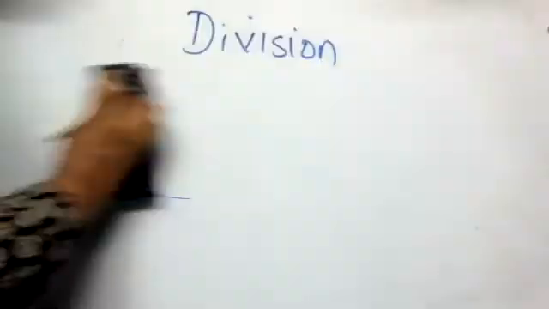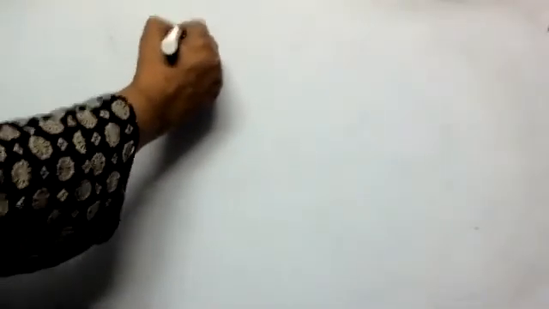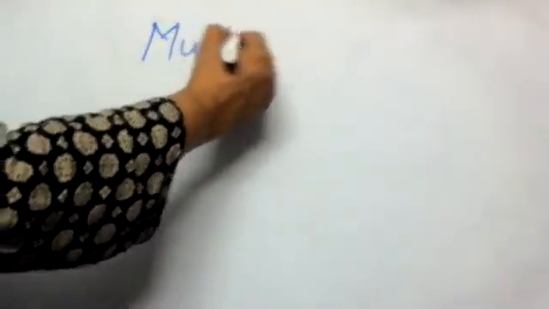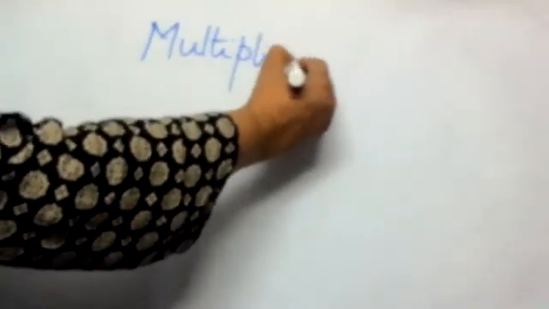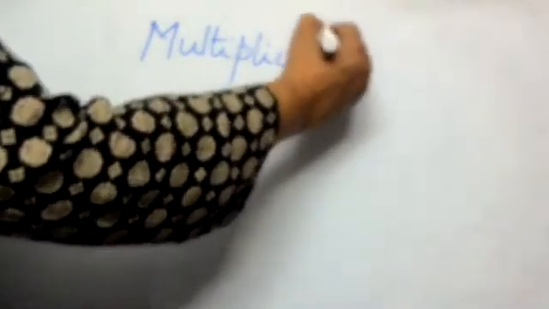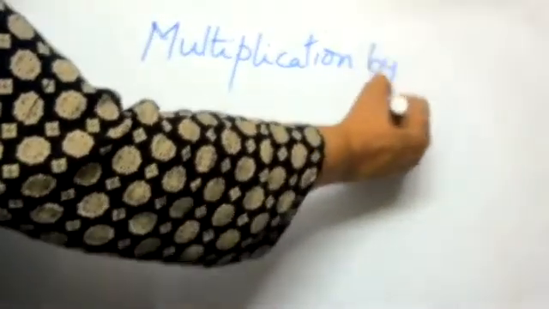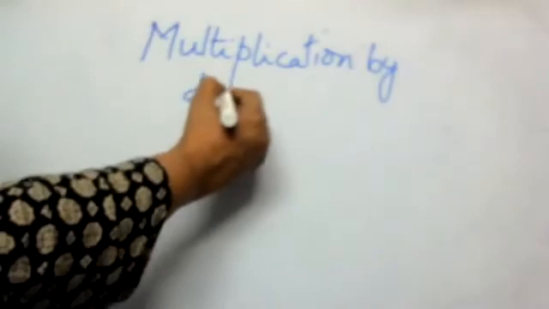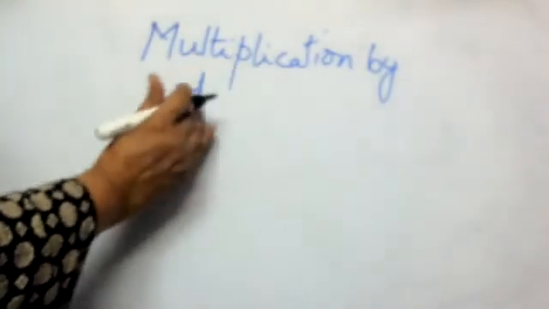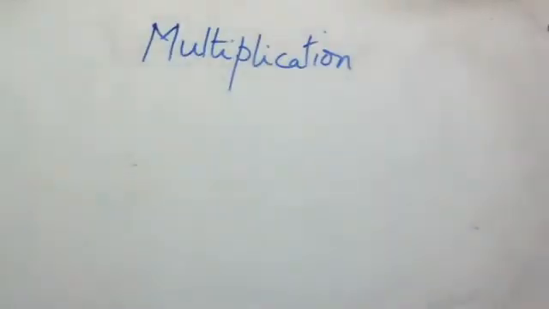Now children, there is another concept of multiplication with decimals, or decimal multiplication. It's better to write it as multiplication of decimal numbers.